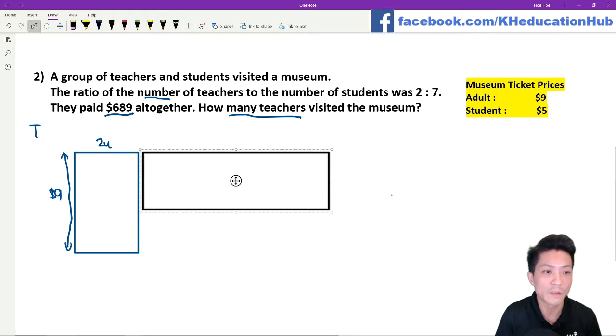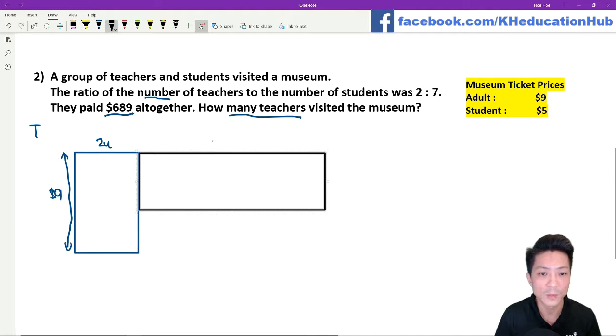I think this is good enough, but let me just move this closer. This will be 7 units, which represents the students, and here to here would be $5.